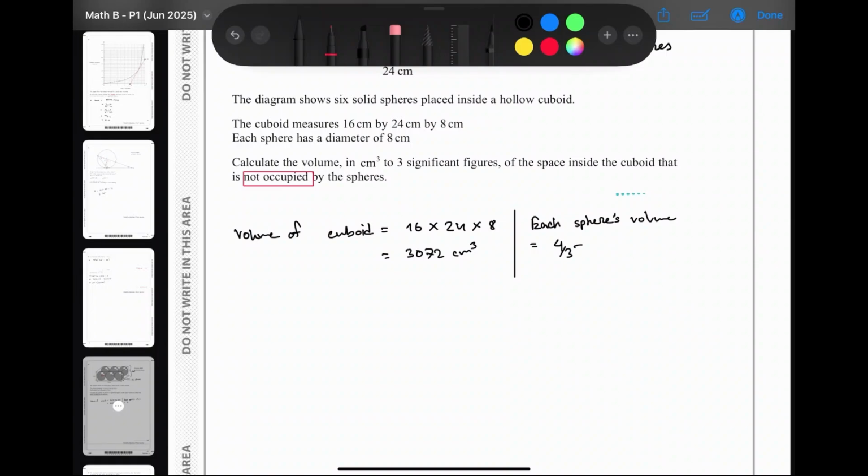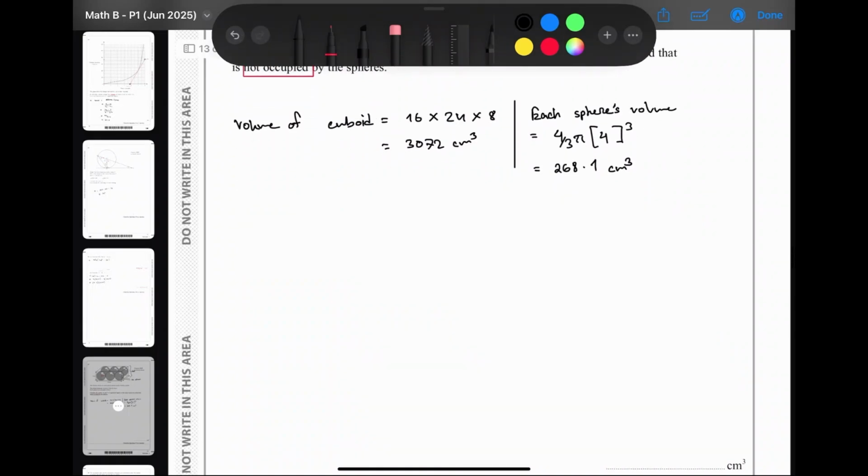Formula for the volume of a sphere is 4 over 3 multiplied with pi and the radius cubed. And for this question it's 4. Now we have got the volume of one sphere.